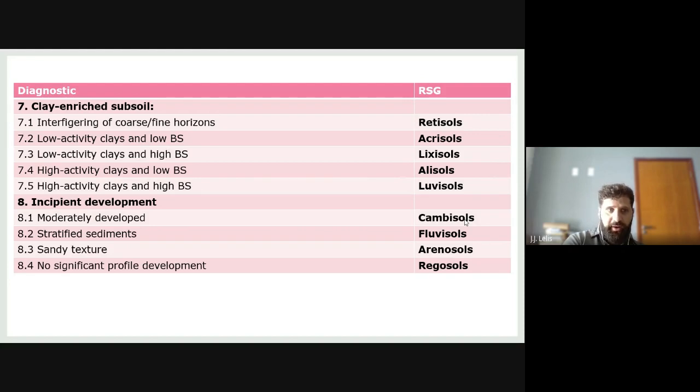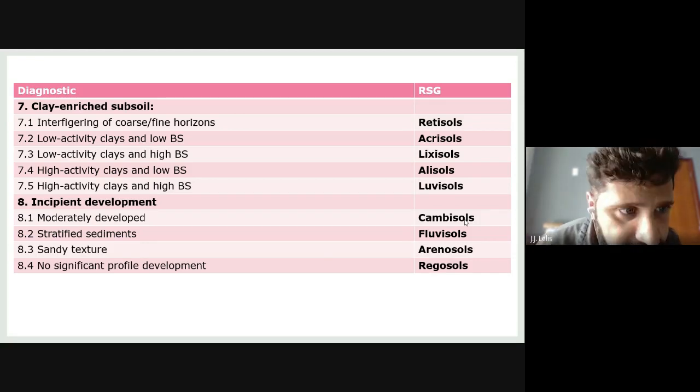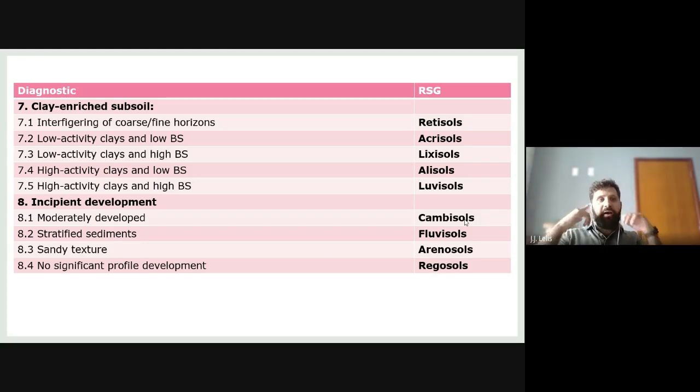Low activity or high activity are related to physical chemical soil properties, and we can only calculate them in the lab, after receiving the lab analysis. But we can imagine the activity of those soils, because we can check how many cracks we can see in that horizon.